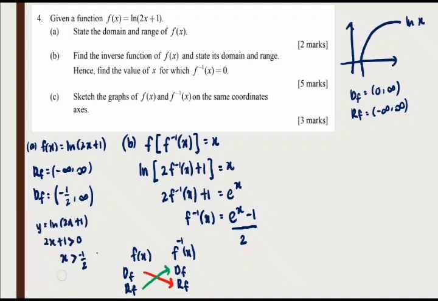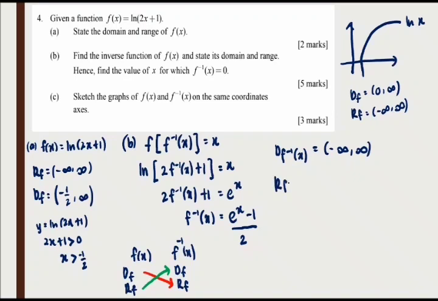So over here, you can just directly write down from our f(x). We want the domain of f inverse, and that will be the range of our f(x), so that will be negative infinity to infinity.